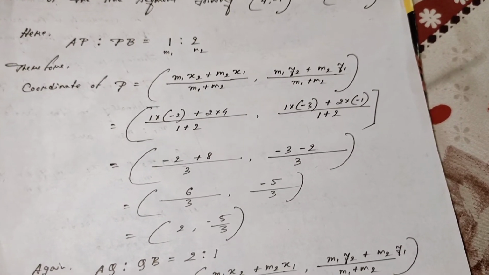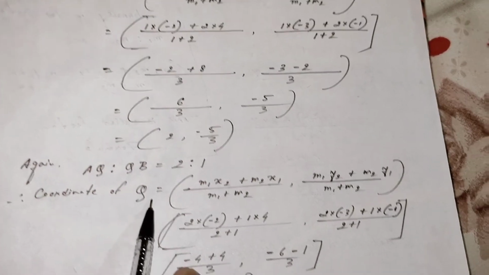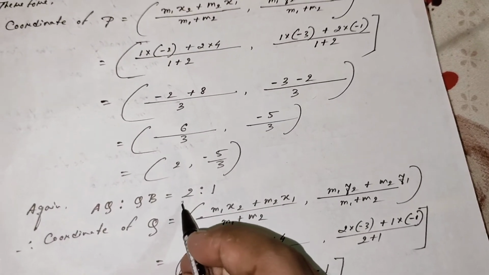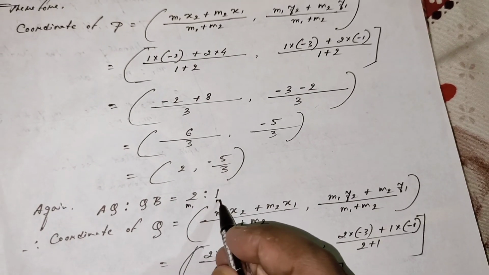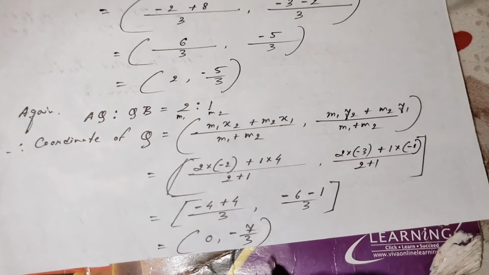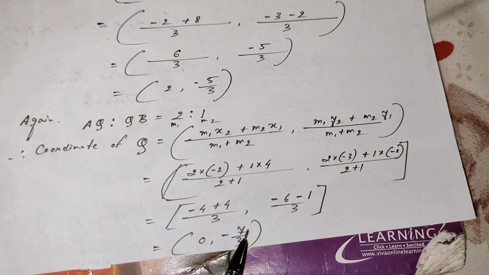Again, using the same section formula, we will find the coordinates of point Q. Here this will be m1 and this will be m2. On putting their values and after simplification, we will get the coordinates of point Q as (0, -7/3).